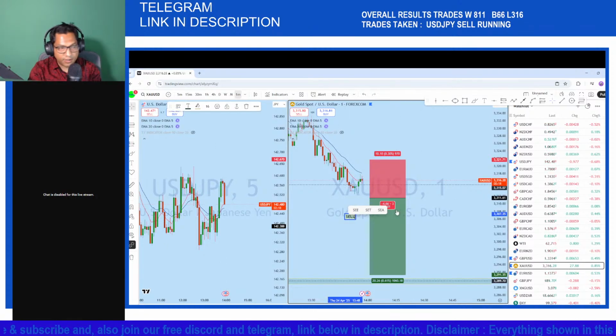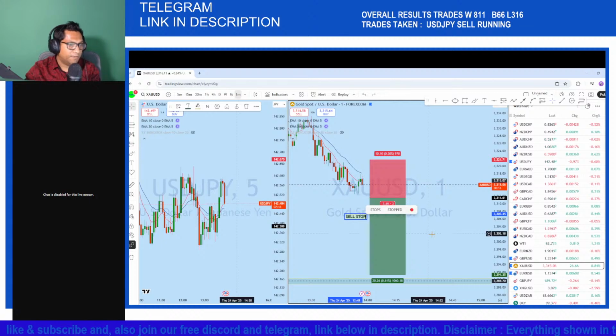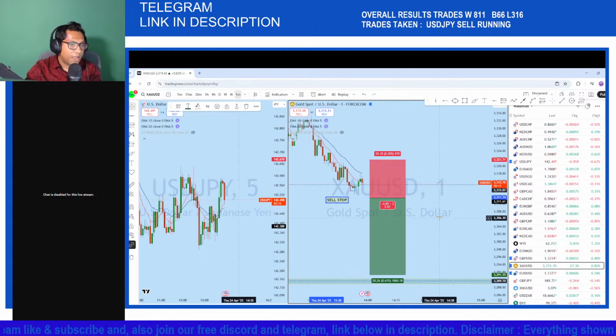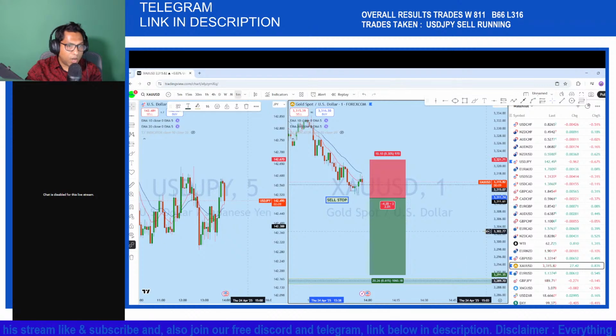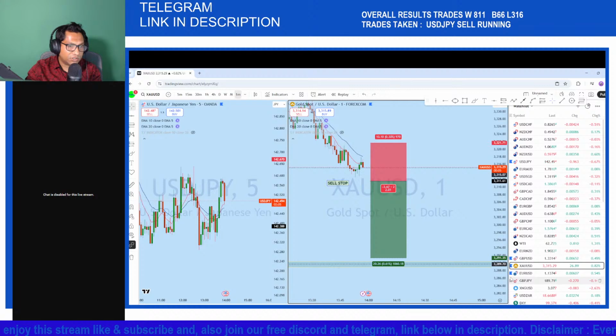So while we are running the dollar yen, sell stop here, placing that sell stop at 3311.61, stop loss at 3321.71, TP target at 3291.